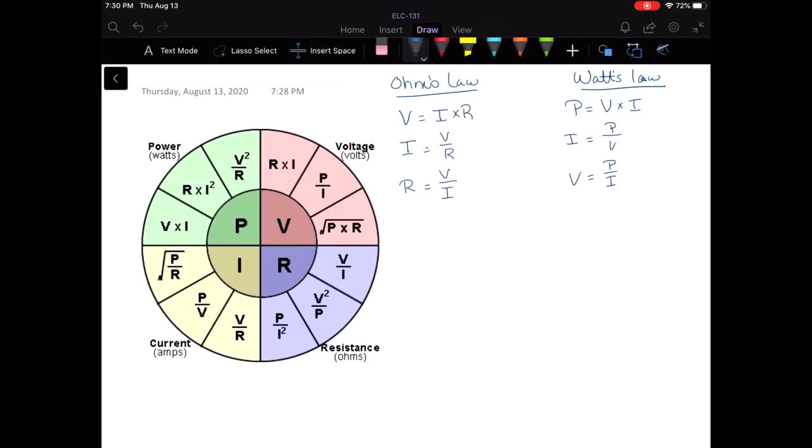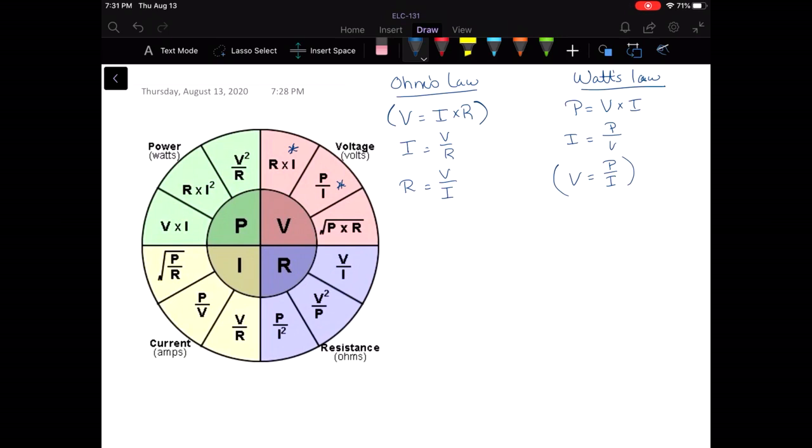So let's say we're looking for voltage. We find it here as P over I, that's right here. It is I times R, which is right here. We also have it in terms of power and resistance.